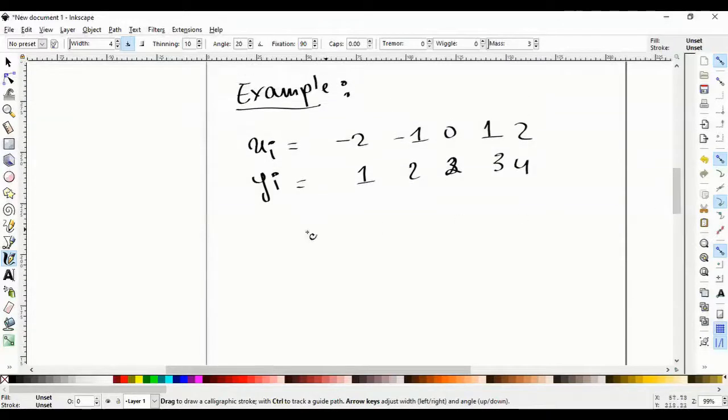So n equals 5 in this case, I have 5 points.